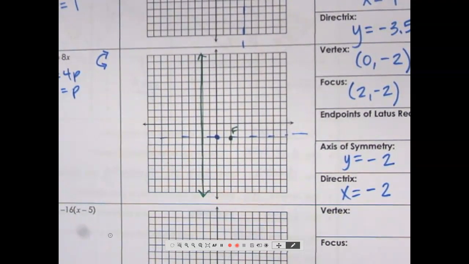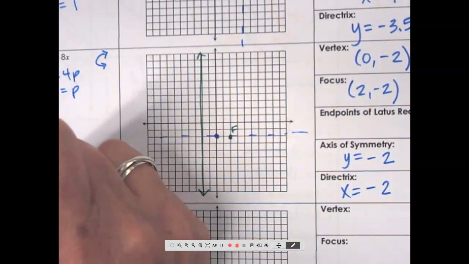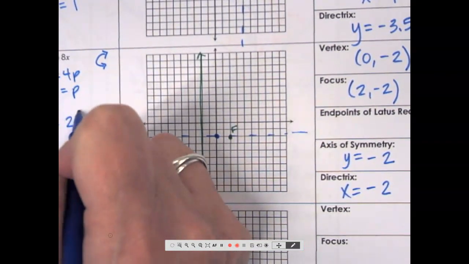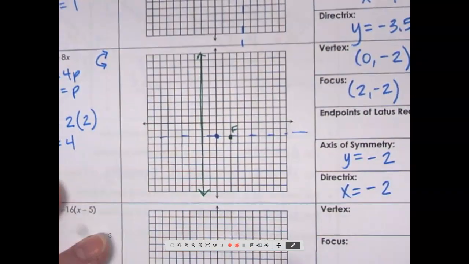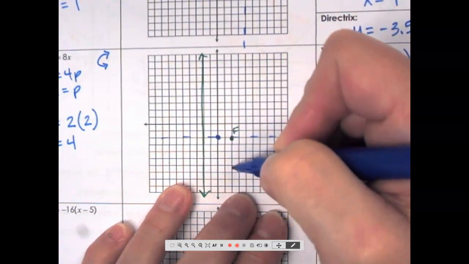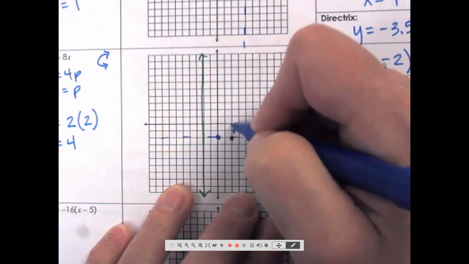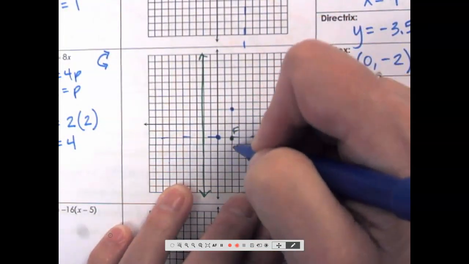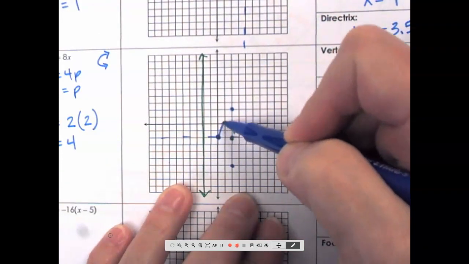And then the last thing we need to do is go out from the focus to p. p was 2, so 2p is 4. So I'm going to go up 4, down 4, and that will give me 2 points to draw the curve through. So 1, 2, 3, 4. 1, 2, 3, 4. And this one is wider than the other one.